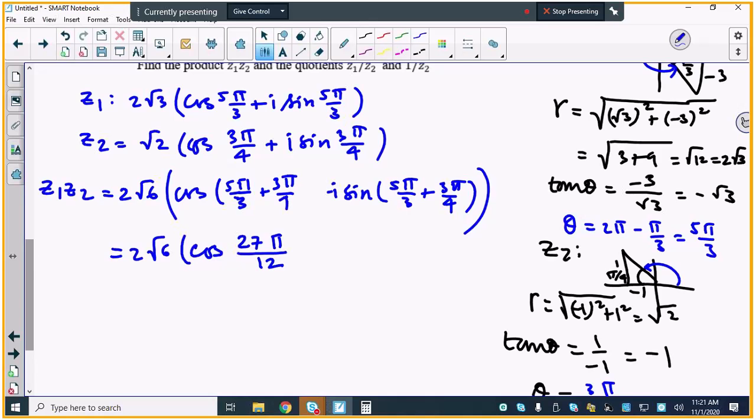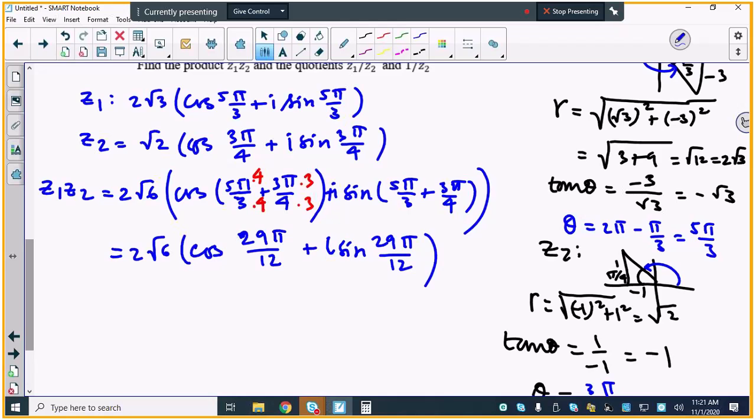I should have multiplied 4 on top and bottom on the first one and 3 on top and bottom on the second one. Okay, so how much should I get then? 5 times 4 is 20, 3 times 3 is 9, so that's 29 pi over 12. And that's going to be the same angle for the other one, so plus I sine 29 pi over 12.